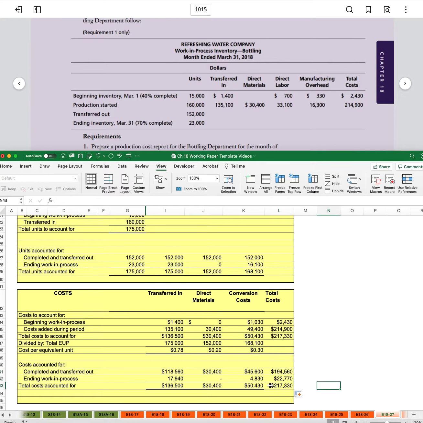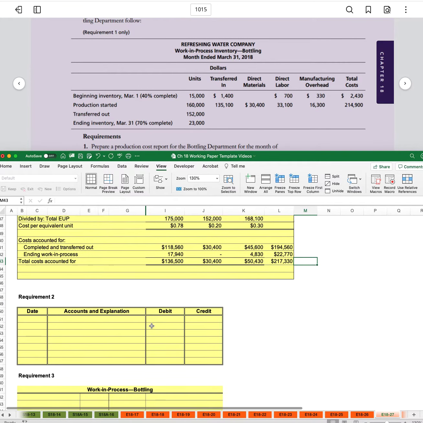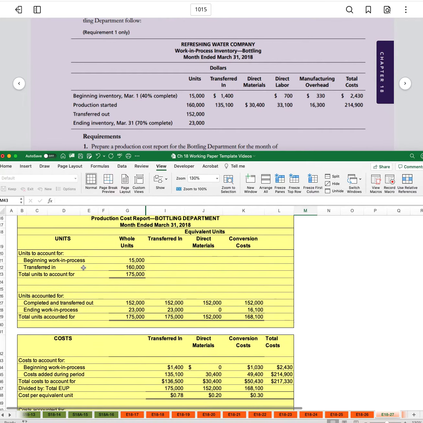And so we have total costs accounted for $217,330. And so now our production cost report is completed. And we need to do requirement 2, which I have to scroll back up, prepare the journal entry to record the cost of units completed and transferred out.